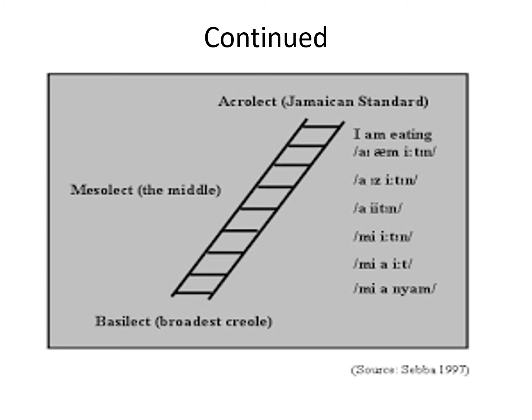It is a mixture of local words, local vocabulary or lexicon. Here, the word eating is changed to "nyam." It's a Jamaican word, related to eating. So the basic vocabulary has been changed in the basilect variety.